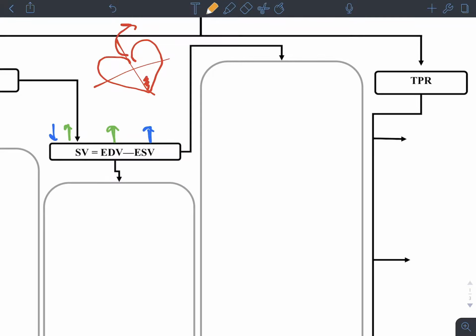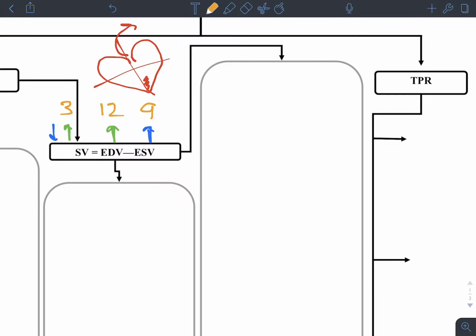If EDV is 10 and ESV is 10, well, that's not representative. Let's say ESV is 9, then stroke volume equals 1. But if I increase EDV, let's say I change 10 to 12, and I subtract 9, I'm going to increase stroke volume from 1 to 3.